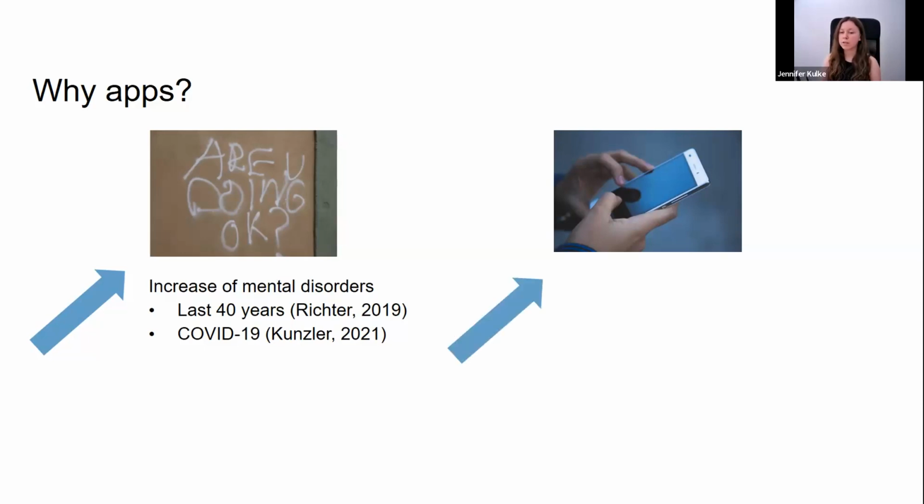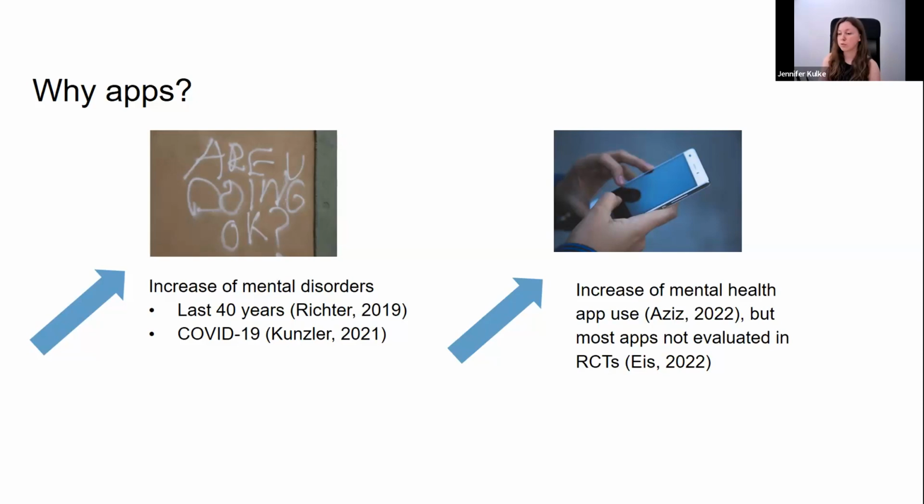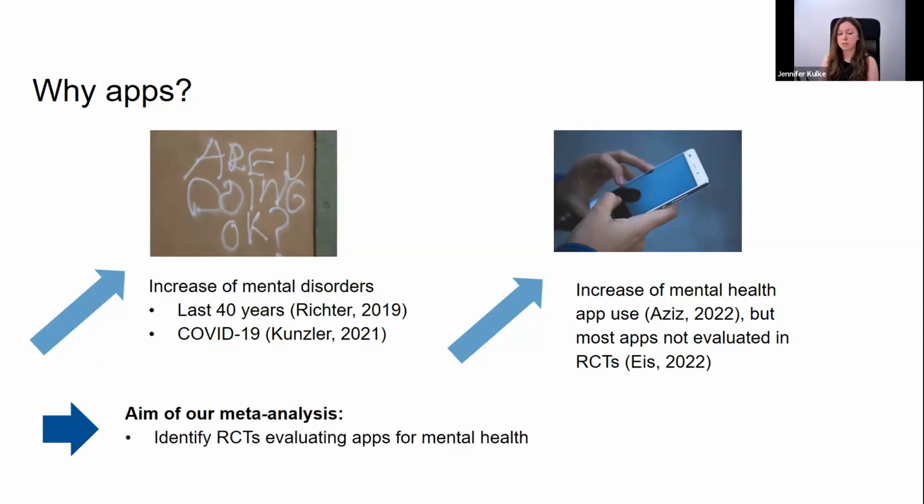We also see an increase of mental health apps during the last years, but most of those apps were not evaluated in randomized controlled trials. Therefore, our aim for this meta-analysis was first to identify randomized controlled trials which evaluated apps for mental health and assess the effects of those apps.